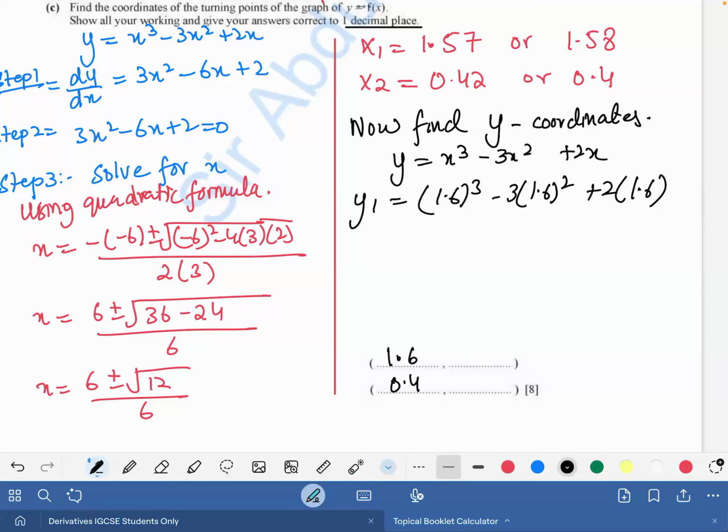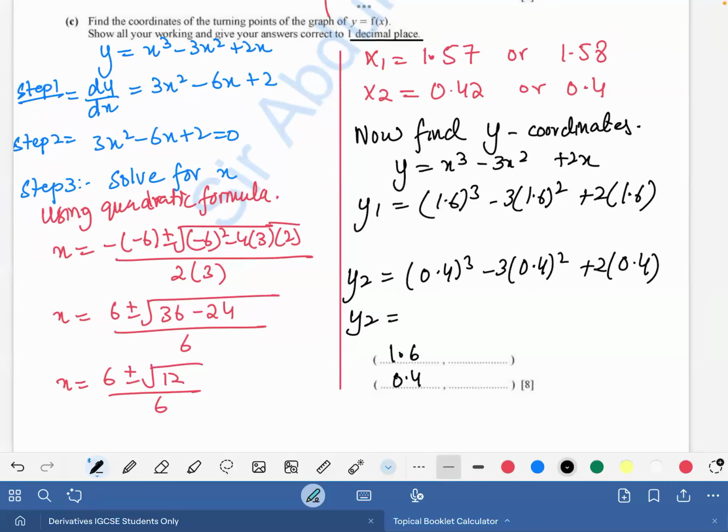Now tell me what is y1 and anyone calculate for y2, which is 0.4 cube minus 3 into 0.4 square plus 2 into 0.4. तो y2 भी कैलकुलेट करें. y1 हो गया, y2 भी कैलकुलेट करें.